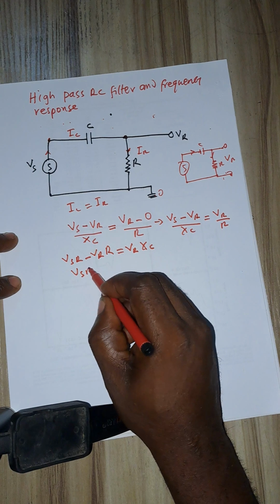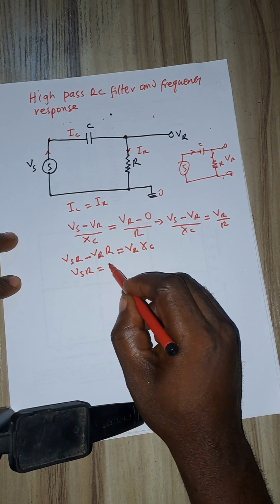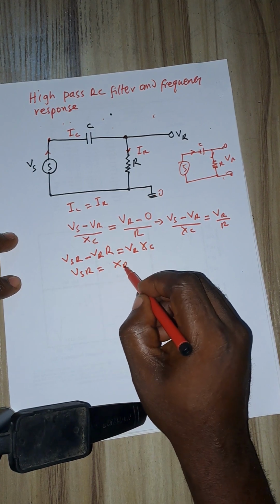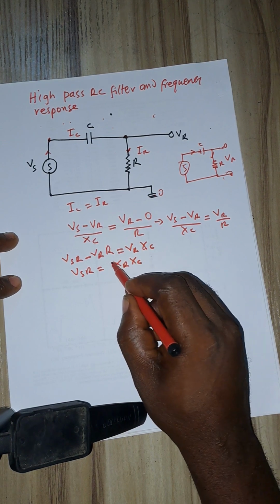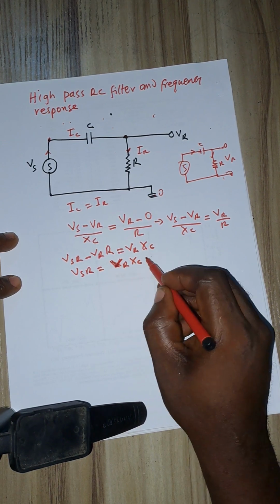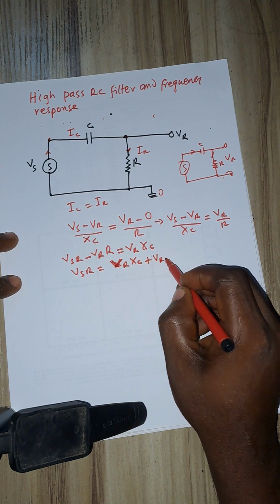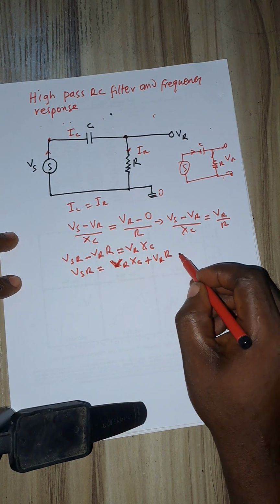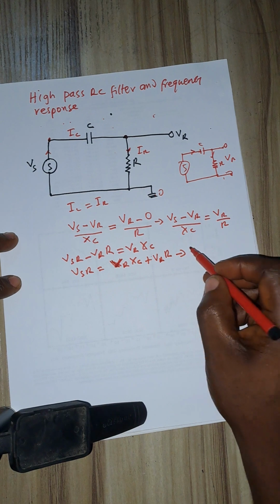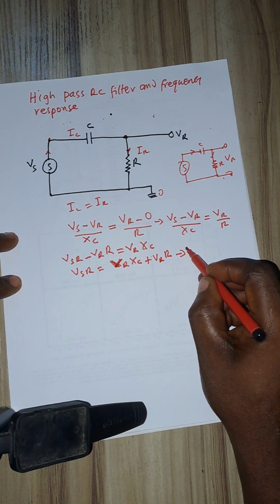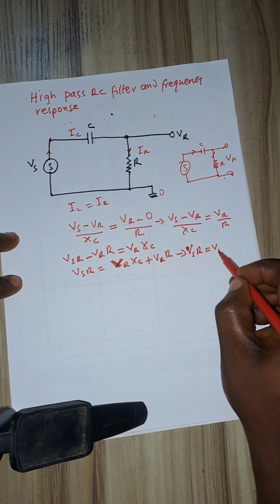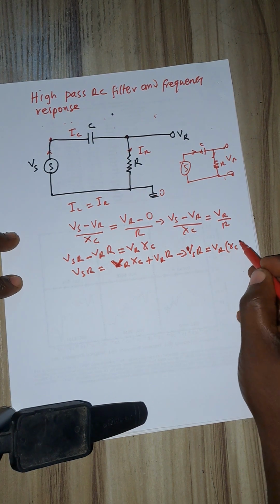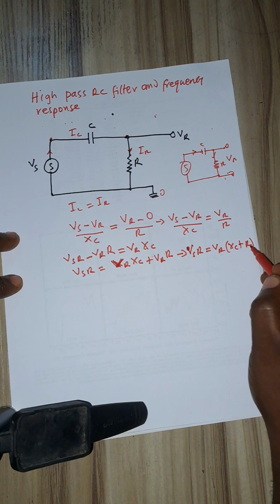So Vs R becomes VR XC plus VR R, which gives us Vs R equals VR times (XC plus R).